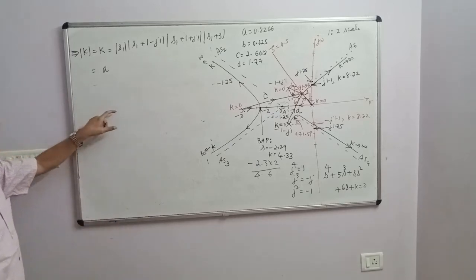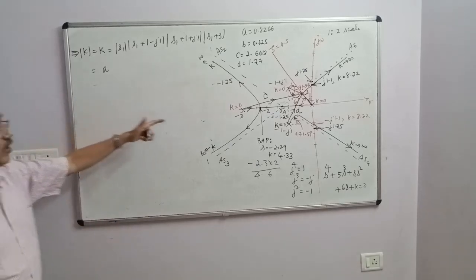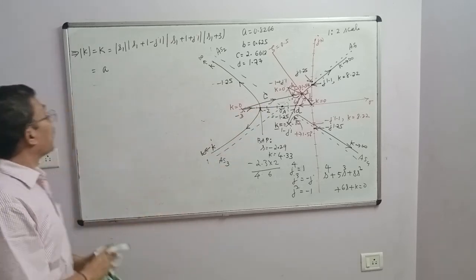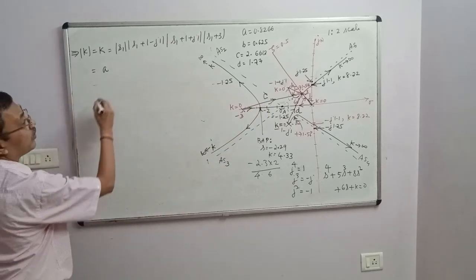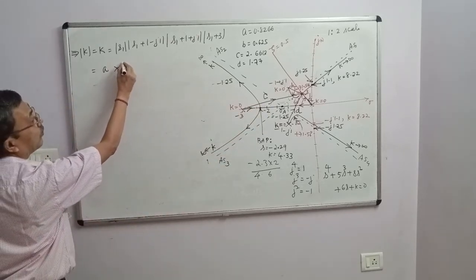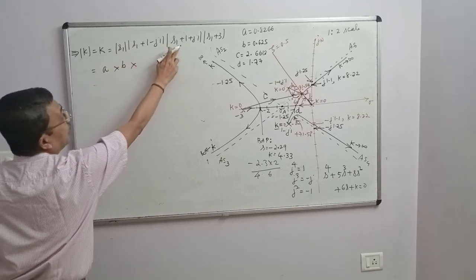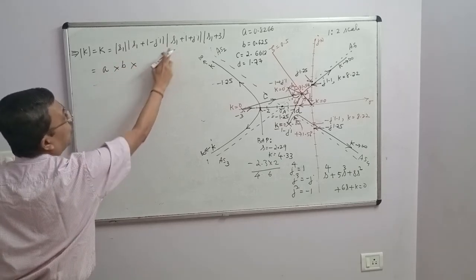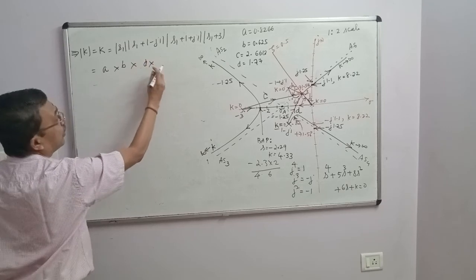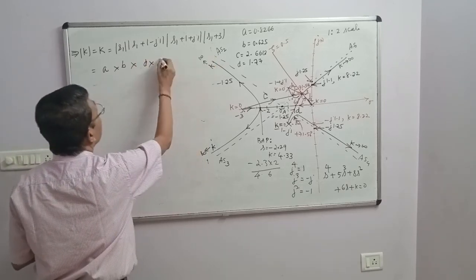All these small figures I write for your understanding. In the examination, only this figure is sufficient. So magnitude of S1 is A, magnitude of this is B, magnitude of this is D, magnitude of S1 plus 3 is C.